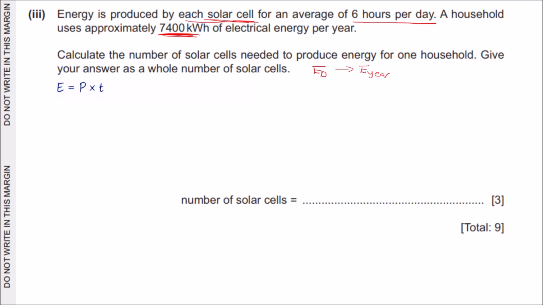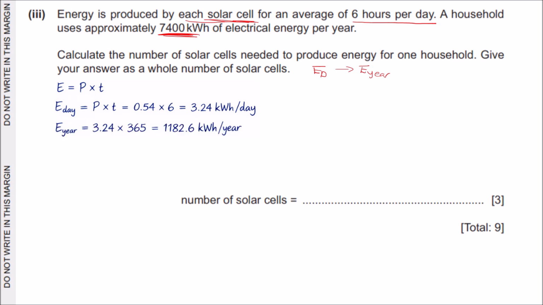For energy in a day, we say power times time in a day. So each cell is rated 0.54 times 6 hours in a day, amounting to 3.24 kilowatt hours per day. We take this to 365 days in a year. So energy per year is 3.24 times 365, which gives us 1,182.6 kilowatt hours.